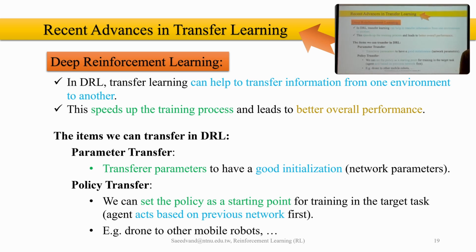At least you have some initial policy that is not doing totally stupid actions, or totally random actions. You let your network use other agents' policy as the initial policy, hoping it can work well.